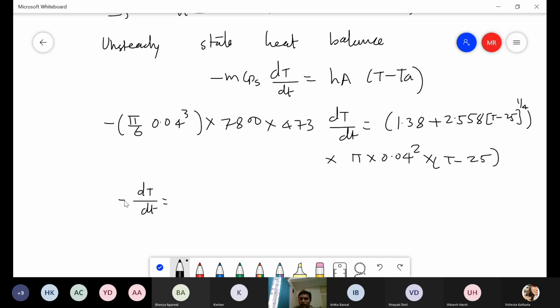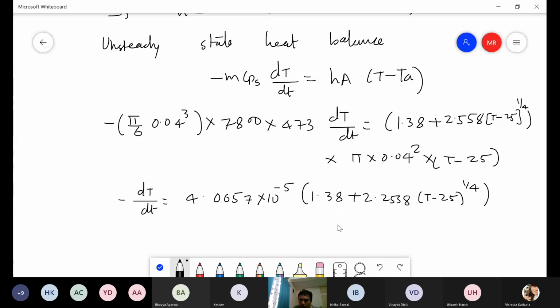So this is going to be 4.0657 into 10 raised to power minus 5 in the bracket 1.38 plus 2.558 (T minus 25) to the power 1 by 4, into (T minus 25).